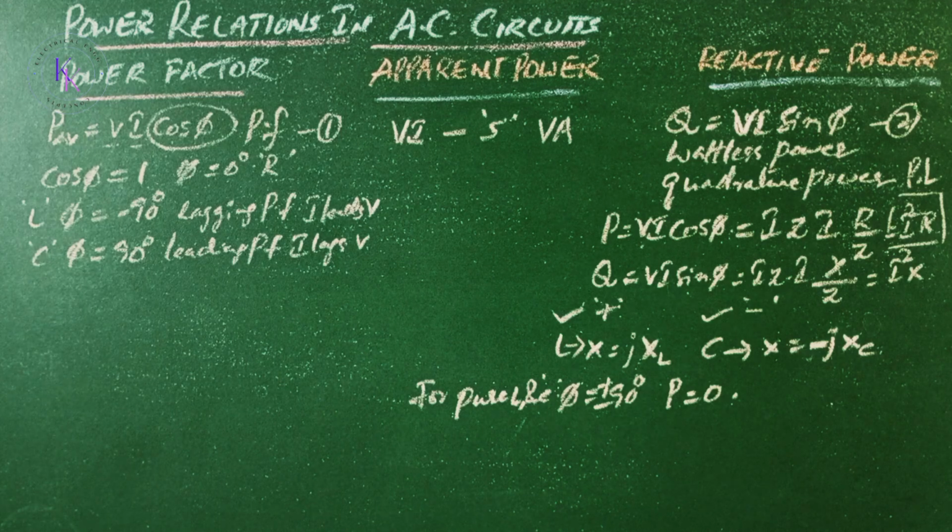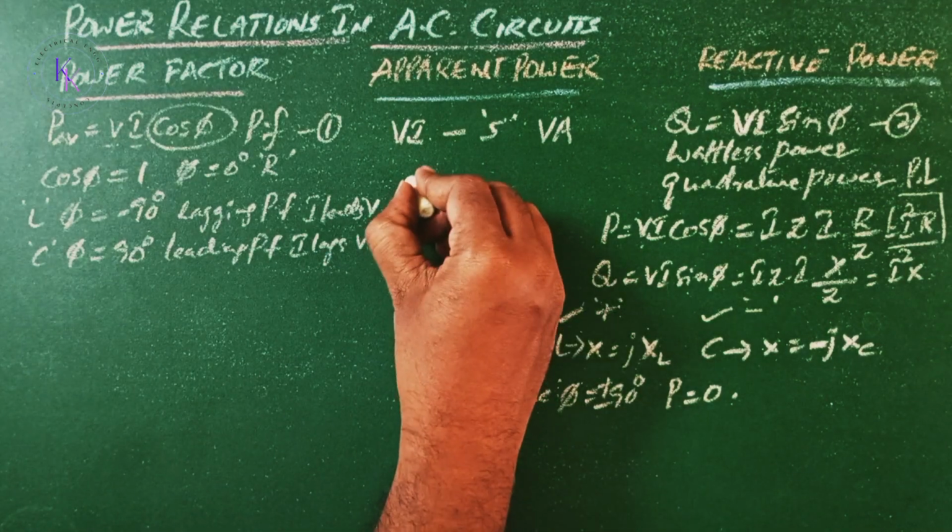Thus, pure inductance or pure capacitance does not consume any real power. In inductance, the reactive power is consumed to develop the flux, while in capacitance, its function is to store the energy. Now, the total power S is the vector sum of P and Q.